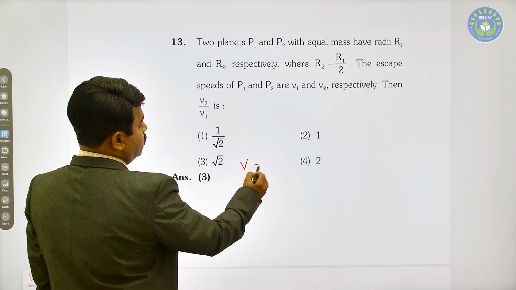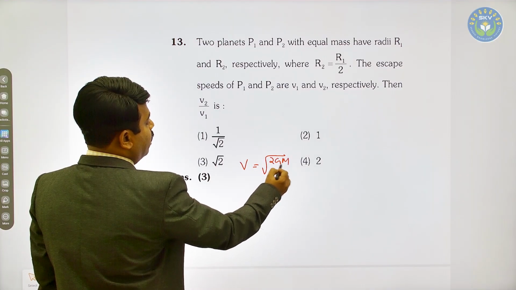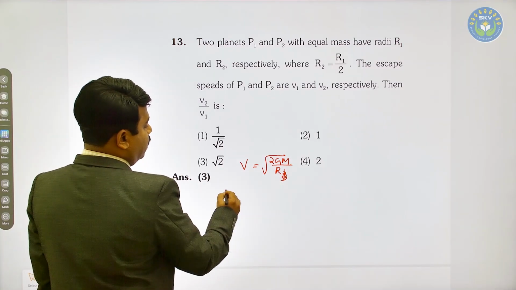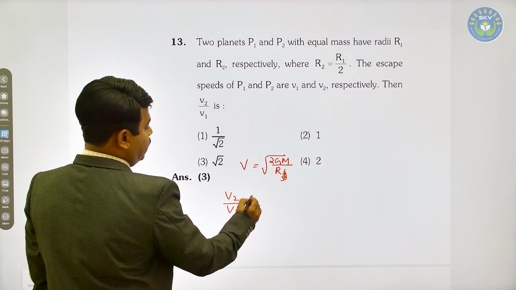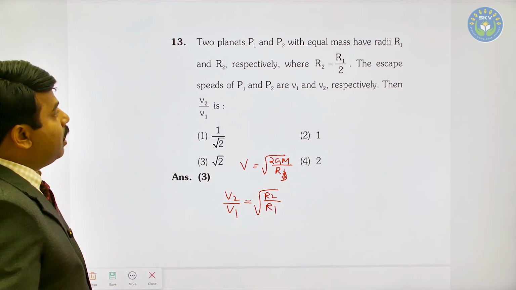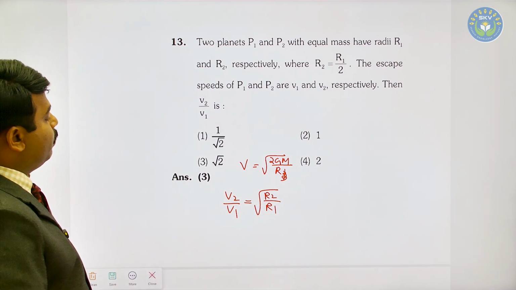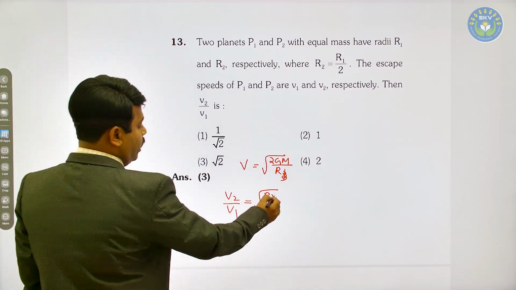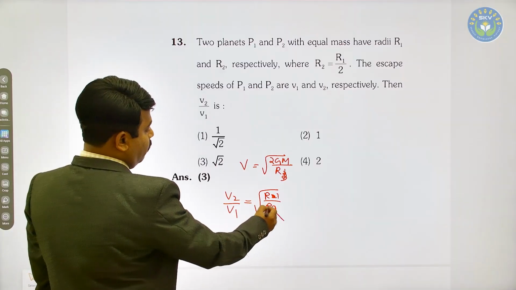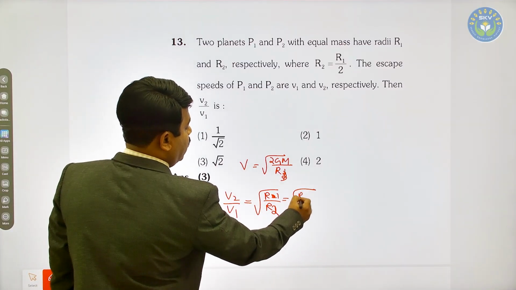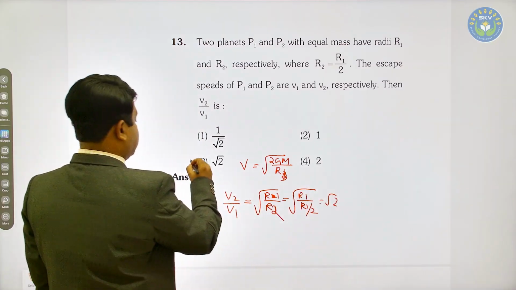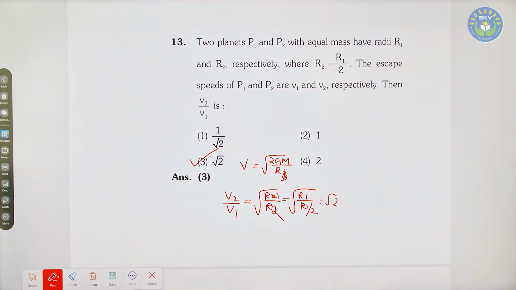Escape speed is root of 2 GM by R. Then V2 by V1 you can write as root of R1 by R2. R2 is R1 by 2, then R1 divided by R1 by 2. Then the answer root 2 is correct.